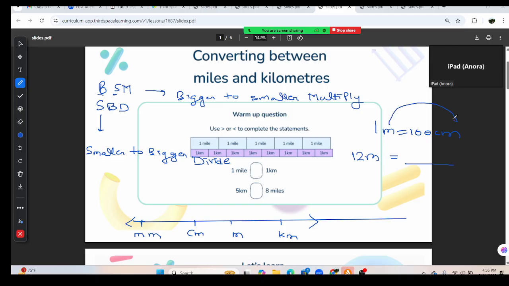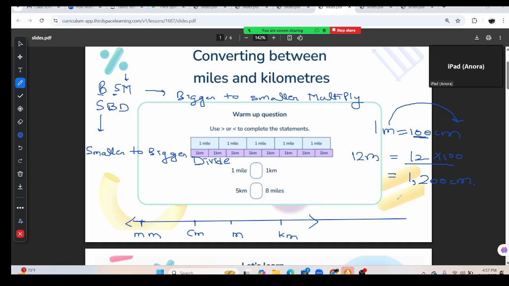Because you are going bigger to smaller, BSM, you need to multiply. Multiply with what? With 100. So 12 times 100 would be 1200 centimeters. So whenever we are converting a bigger unit into a smaller one, we multiply.